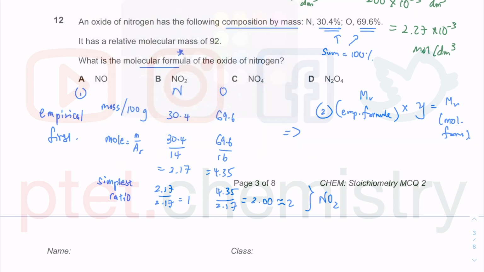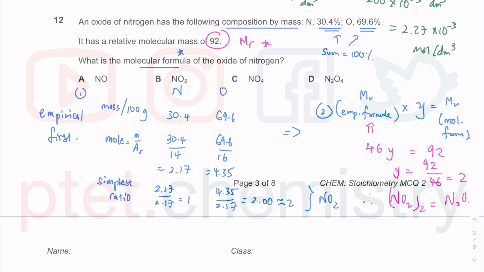So 46 for the empirical formula. 46y is equal to 92, this is Mr because it's the molecular formula. The Mr of the molecular formula is stated in the question very clearly. So therefore, the molecular formula is NO2 two times, so it's N2O4.